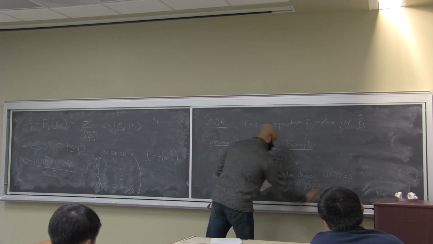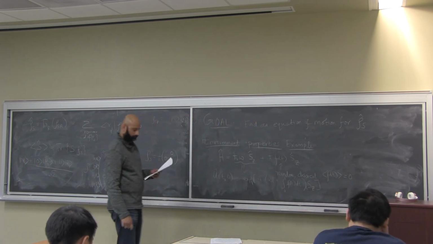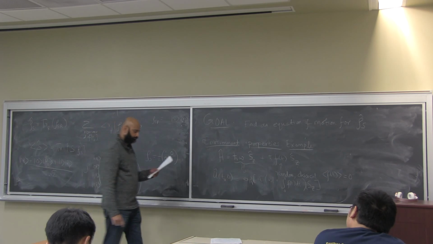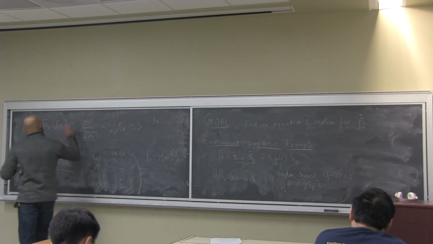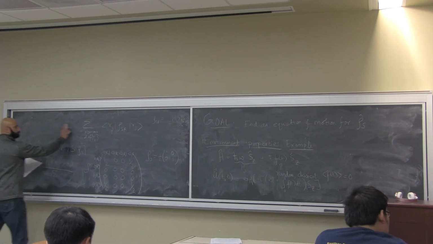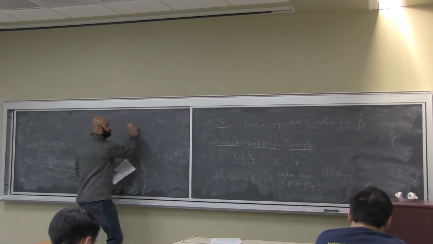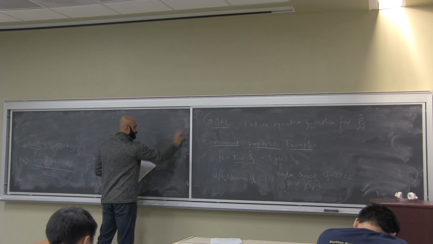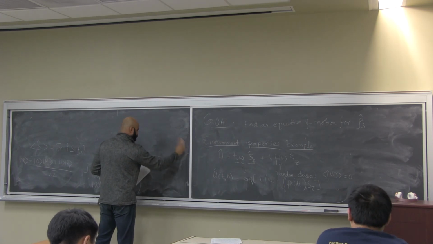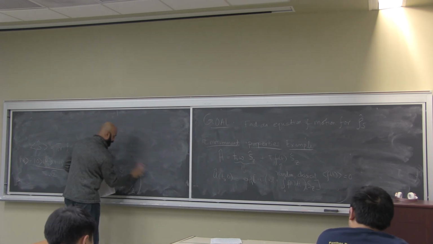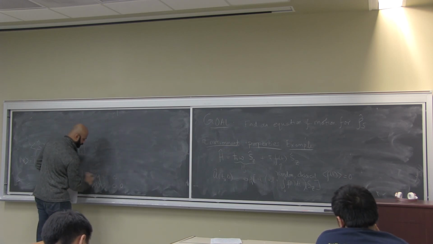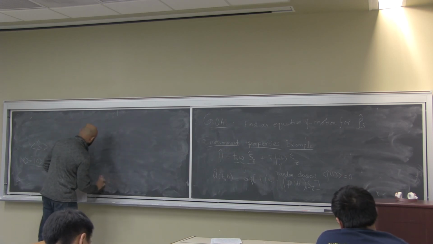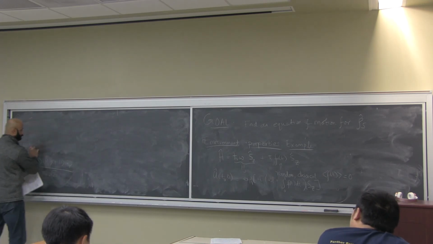Okay? Because the only quantum part commutes with itself at all times, so we have no problem in taking the exponentiation of the Schrodinger equation.